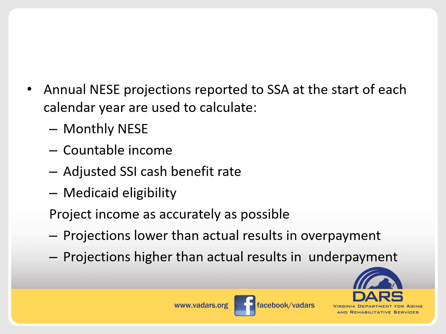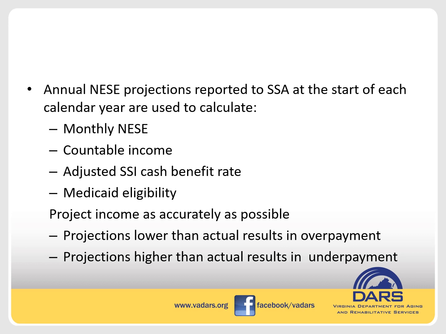From that, they're going to determine the countable income. So again, deduct the value of any work incentives that the client might be using. They're going to take off the $20 general income exclusion, the $65 earned income exclusion, divide that by 2, and subtract that from the federal benefit rate to get the adjusted SSI cash benefit.